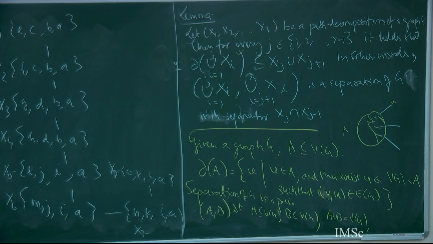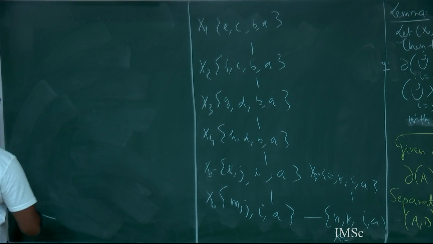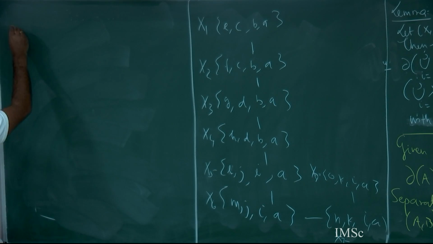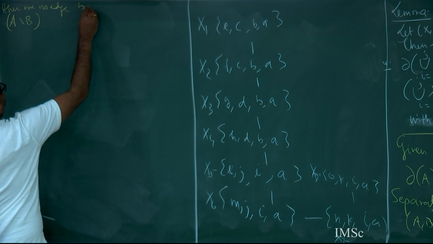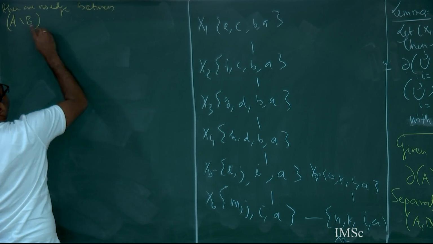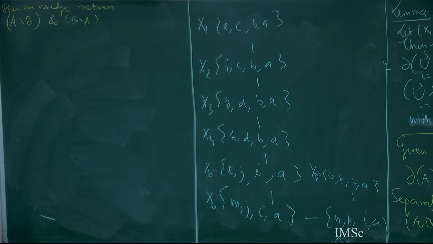The interesting property is, what is the interesting property? Is that A minus B, there are no edge between A minus B and B minus A, okay.